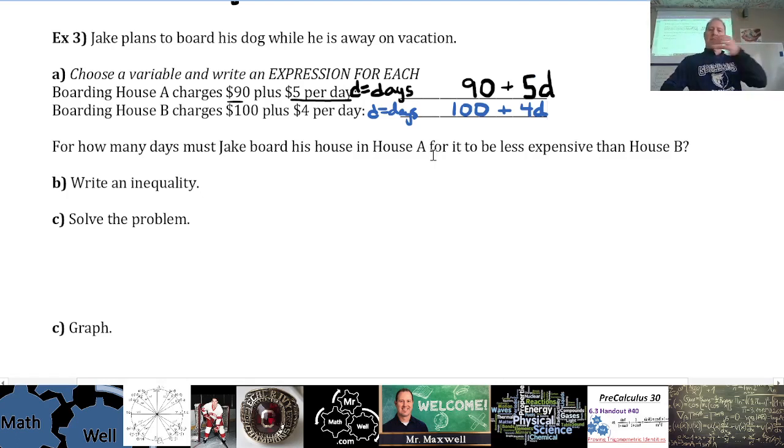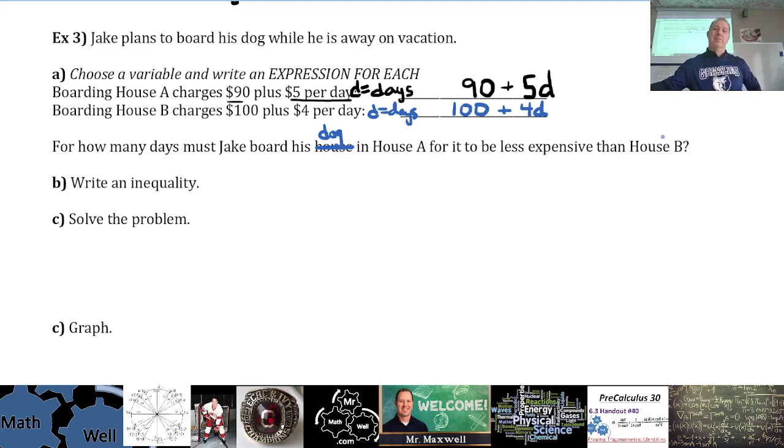But let's now think about the question that says, for how many days must Jake board his dog in house A for it to be less expensive than house B? I think that's supposed to be board his dog, not house.